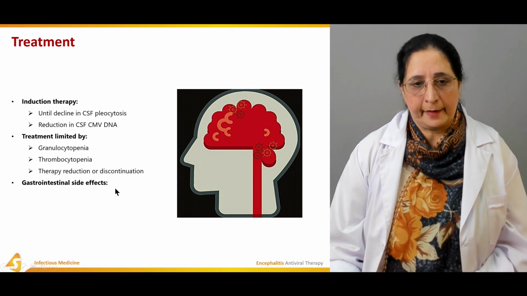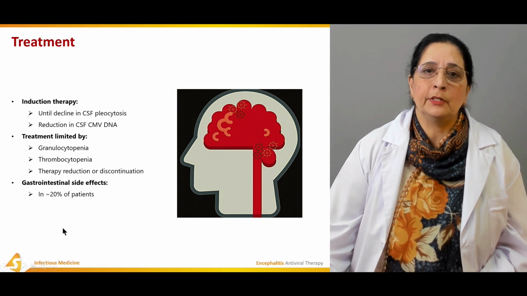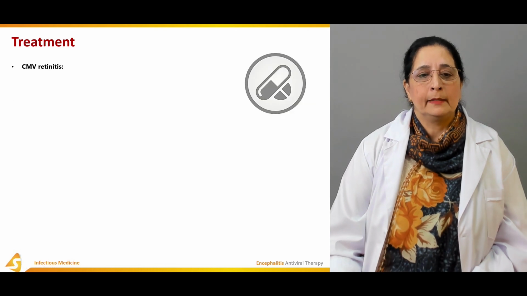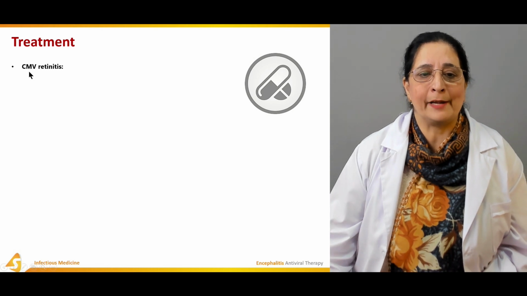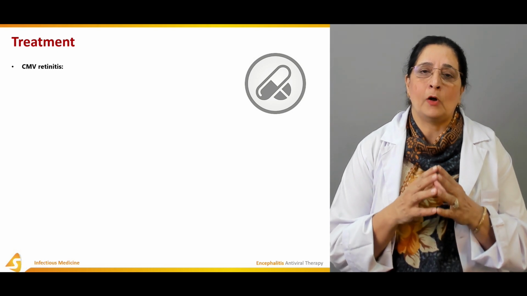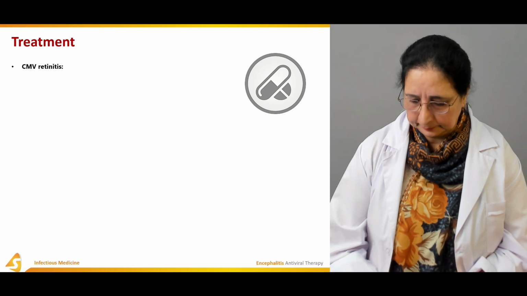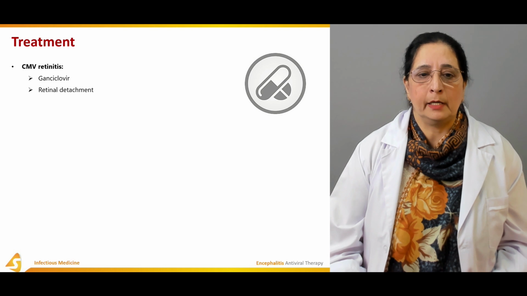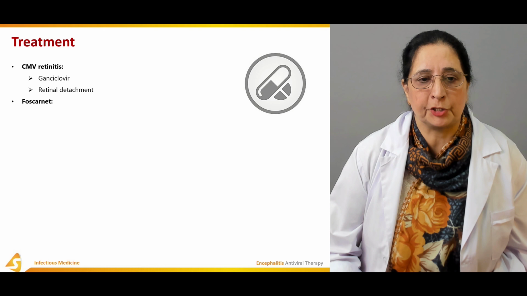Gastrointestinal side effects are present in 20% of the patients. Then the treatment of cytomegalovirus retinitis. Cytomegalovirus infection involves the retina of the eyes, causing retinitis. Acyclovir is used, and CMV retinitis can lead to retinal detachment.